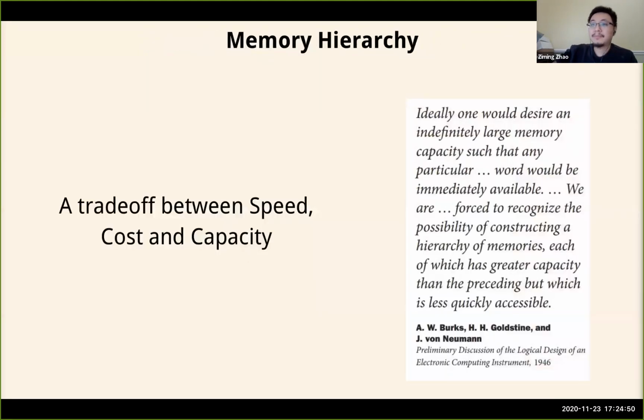So the speed, the cost, the capacity, and also other factors and benefits are more like trade-offs. You cannot get all of them on one device.